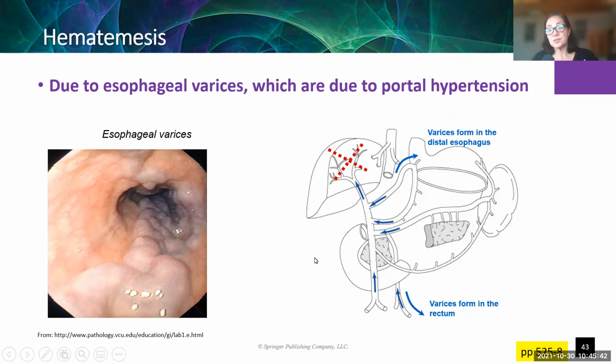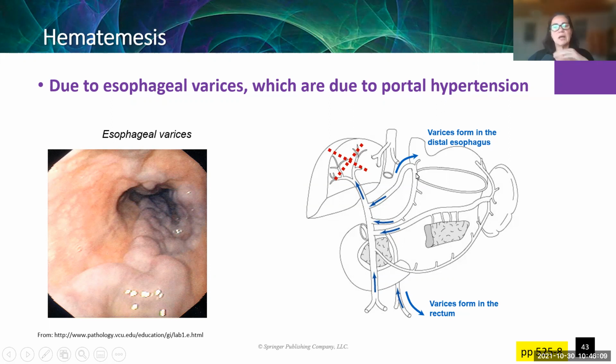All right, another problem that again can be traced back to the portal hypertension are esophageal varices and hematemesis. I know I have trouble saying that word, vomiting blood, in other words. So what's happening here is, again, we have a slowed blood flow.